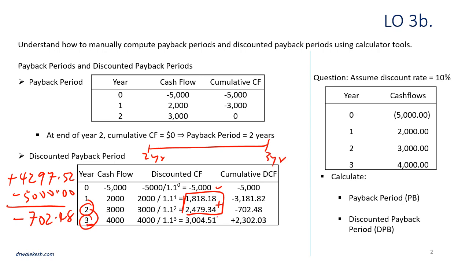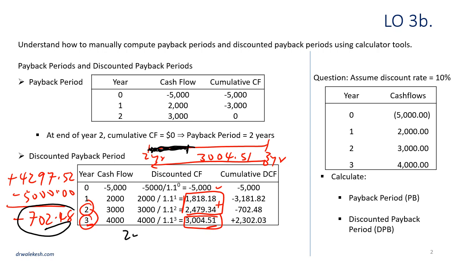Fortunately for us, between the end of year 2 and the end of year 3, how much was generated as inflow? 3,004.51. So this remaining amount can be recovered just a few months after year 2.